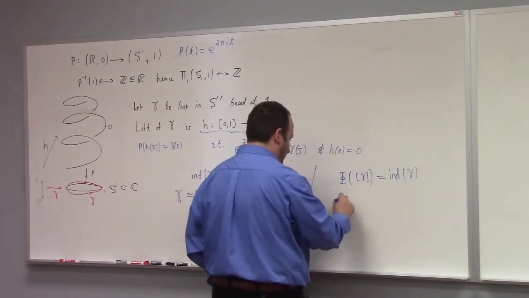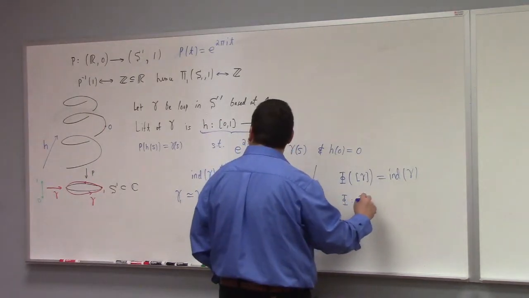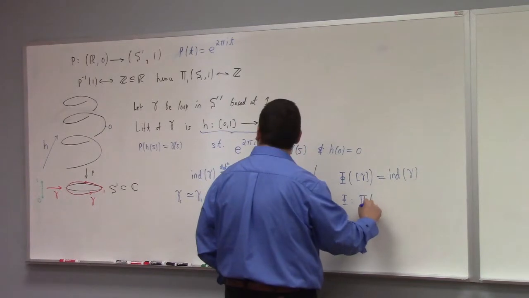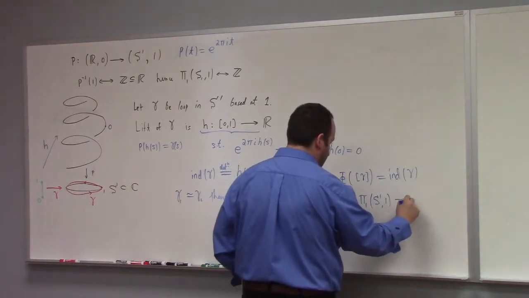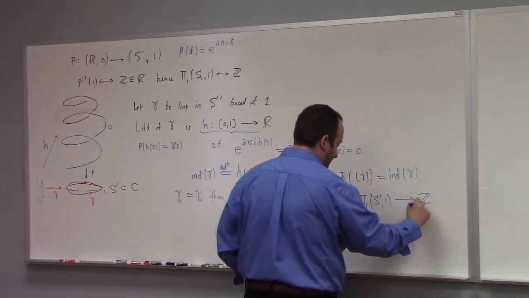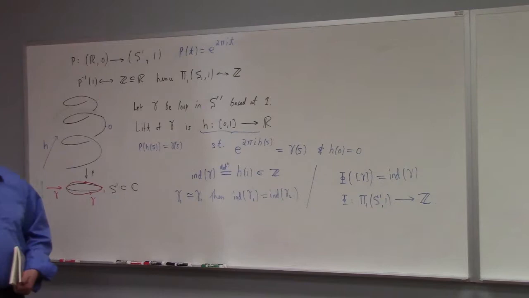This makes phi a mapping from the fundamental group of the circle, based at 1, to the integers. And the claim is that this mapping is in fact an isomorphism.